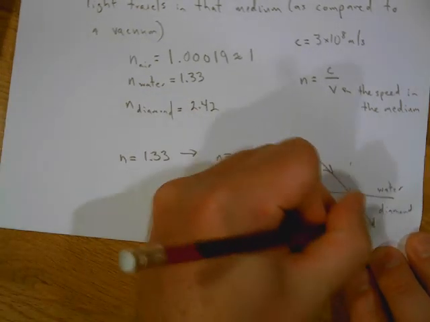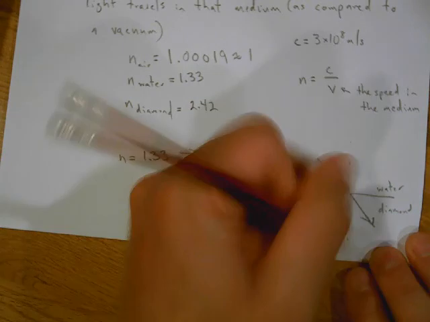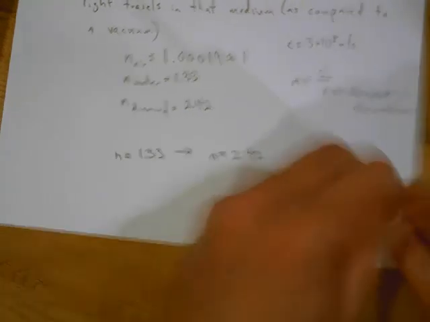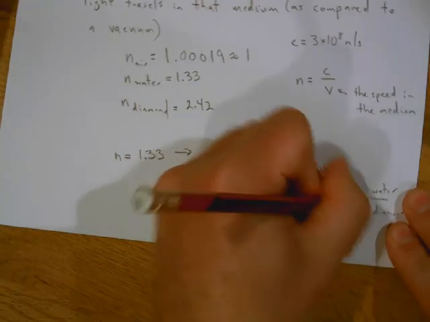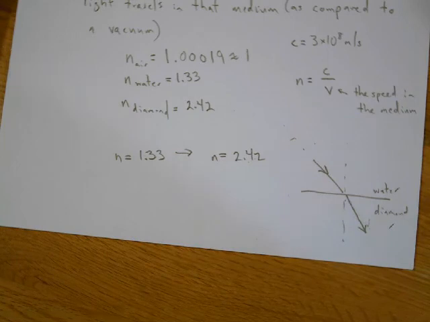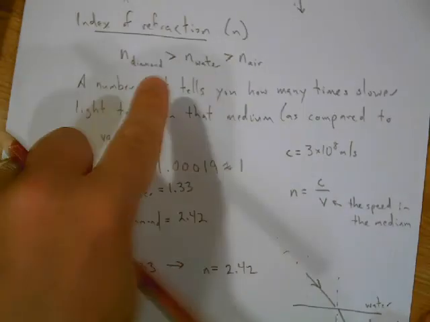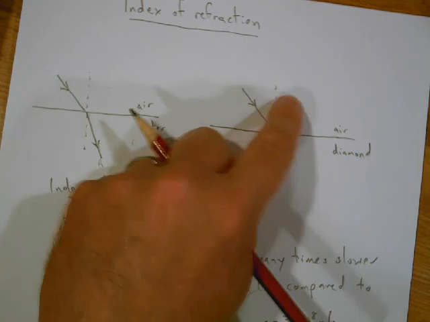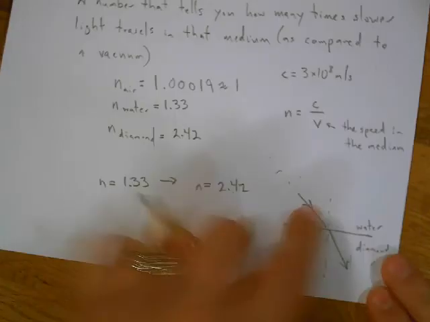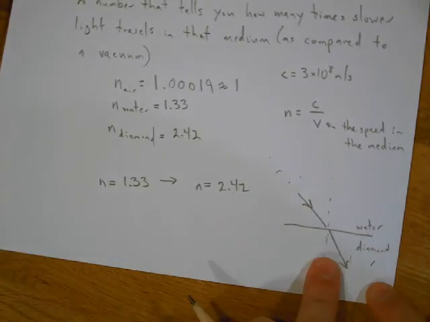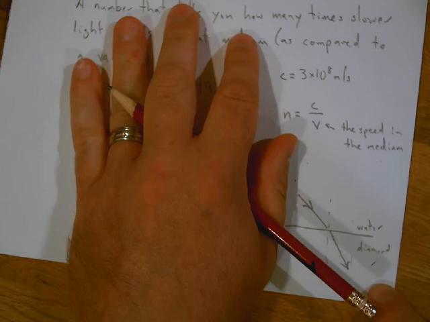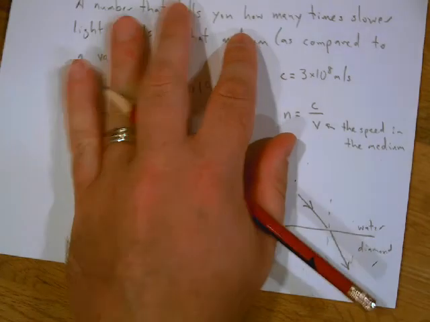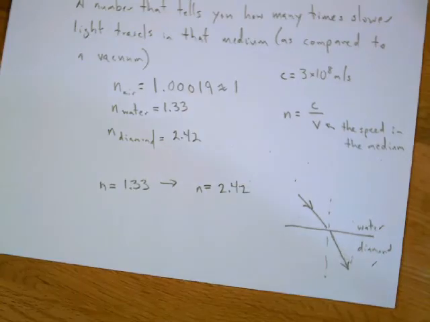It's going to slow down. It's going to bend towards the normal line. Okay. Now, that doesn't really look like it's bending towards the normal line, does it? Let's make it bend towards the normal line a little bit more. Okay. It won't bend as much as if it goes from air to diamond. Why? Because it's a smaller change in speed. Okay. Hopefully that makes sense.